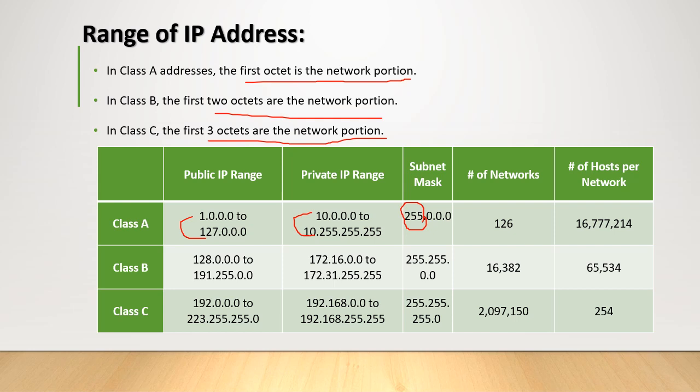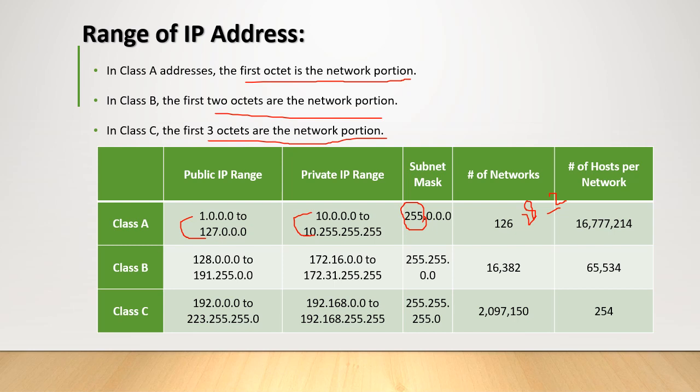So here, how many networks, meaning network IDs, do I have? In the first octet I have 8 bits: 2 to the power of 8 minus 2. 128 minus 2 is equal to 126.